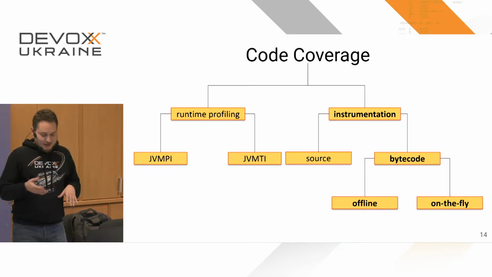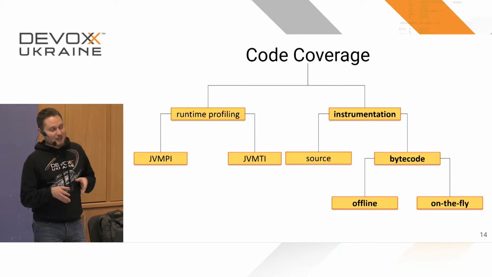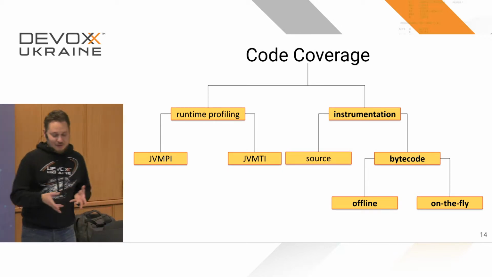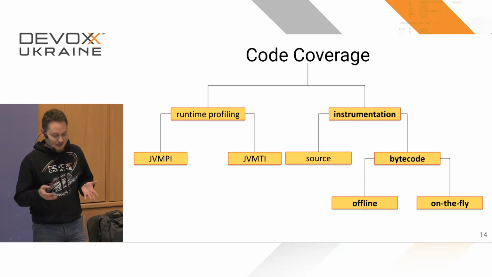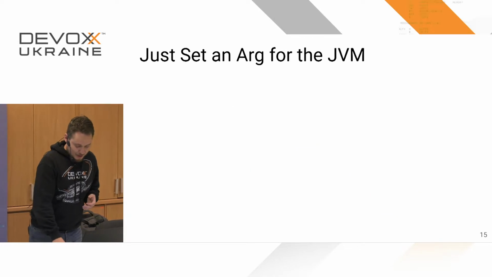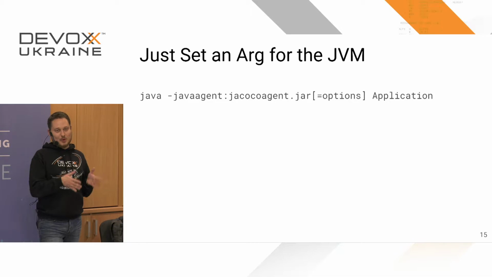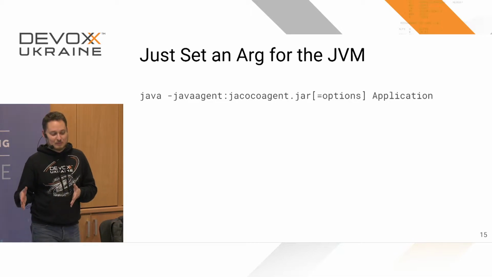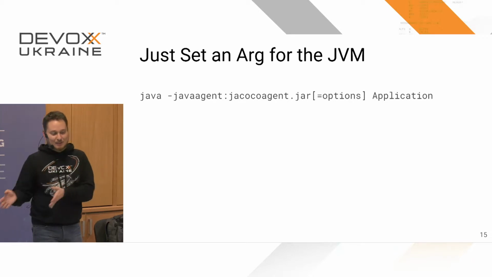For the reason that on-the-fly instrumentation is not available in some scenarios like Android, we also provide offline instrumentation, which means that you can modify the classes even on the disk. But we do recommend on-the-fly instrumentation. In the end, it's as easy as setting one more option for your JVM. You usually start your application like java application.